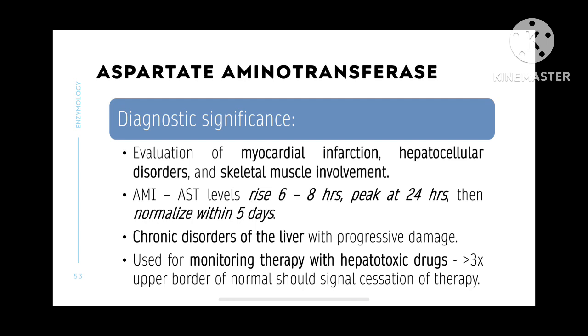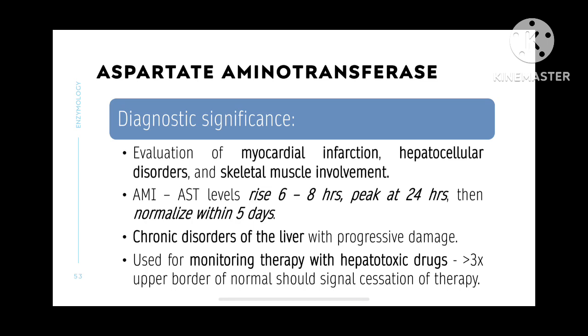AST elevations are frequently seen in pulmonary embolism. Following congestive heart failure, AST levels also may be increased, probably reflecting liver involvement as a result of inadequate blood supply to that organ. AST levels are highest in acute hepatocellular disorders.